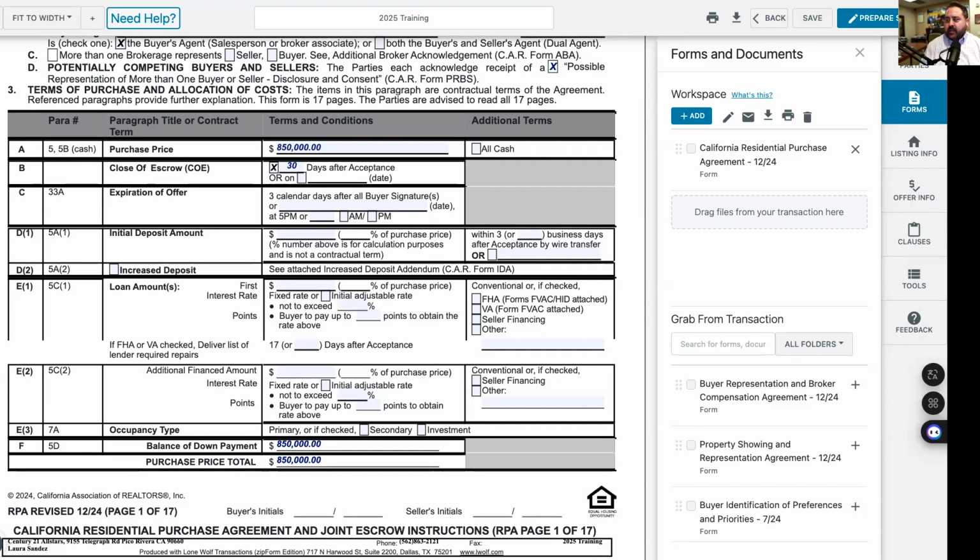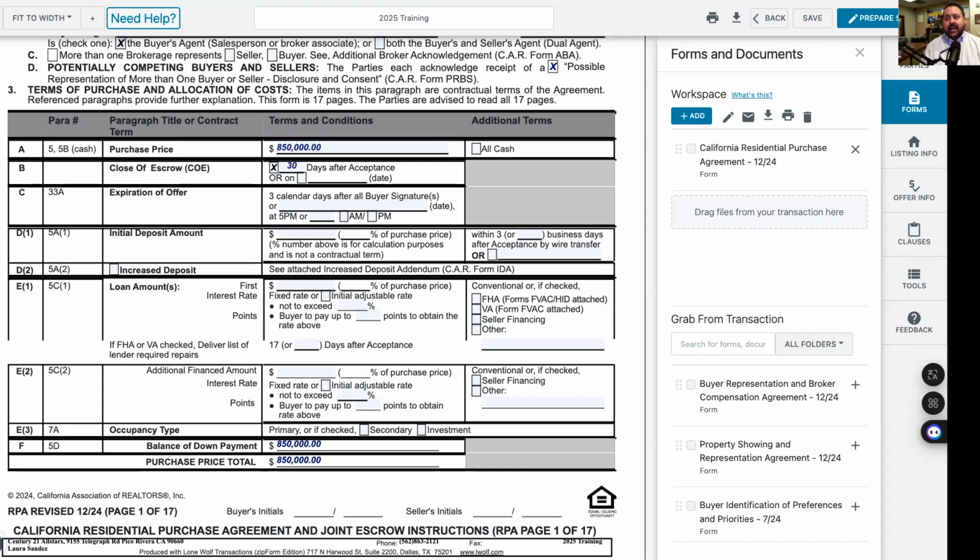Okay. The idea that I can write an offer on a $900,000 to $1 million home and put a $5,000 or $6,000 deposit. The reason I bring that up is because I saw an offer this week that was $915,000, $930,000, and the initial deposit was $6,000.